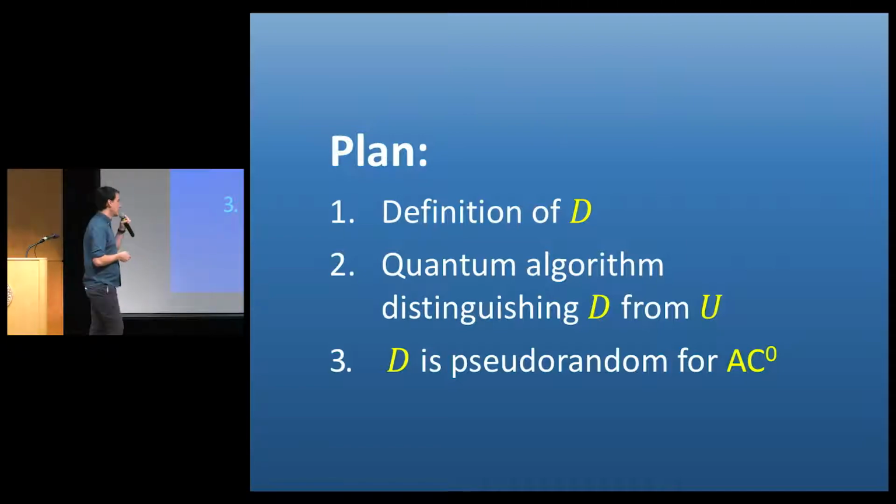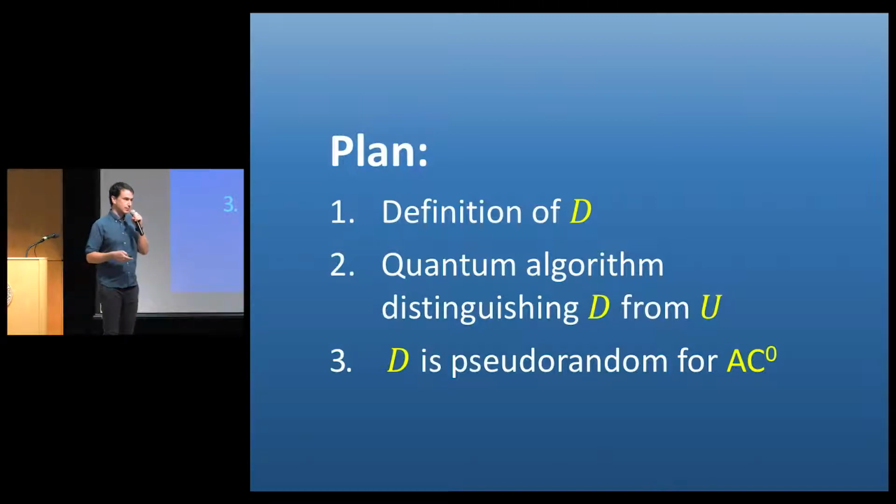And this is actually our main contribution. Both steps 1 and 2 were already given to us by Scott, and there was another candidate by Pfefferman et al., where he also gave some candidate of a distribution and a quantum algorithm and conjecture. In both works, they conjecture that this distribution is pseudorandom against AC0 circuits, but this remained open.